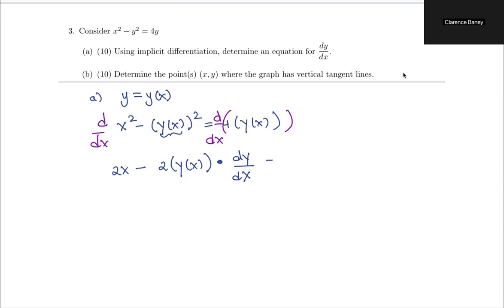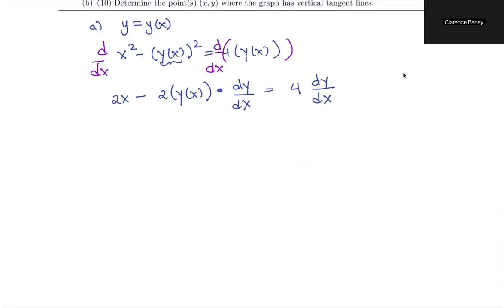And then likewise here, I'm going to get 4 times the derivative of y, but I don't know what y of x is because it's implicit. It means it's an implied function, that I don't have a formula for it. And so I can't write the derivative as just 4. I have to write it as 4 times whatever dy/dx is going to be.